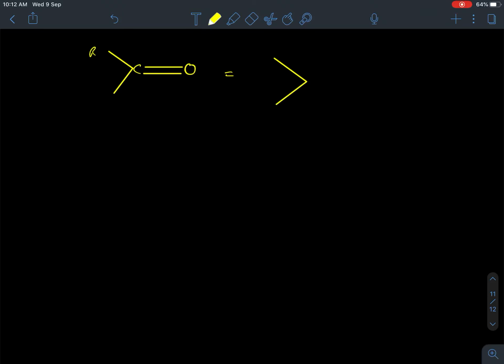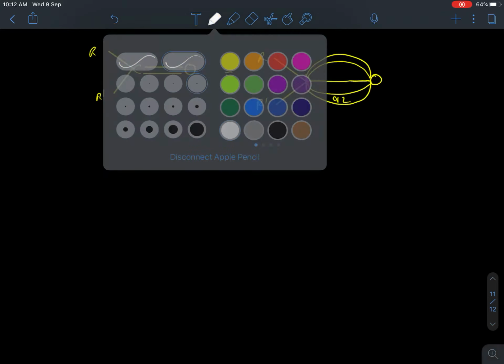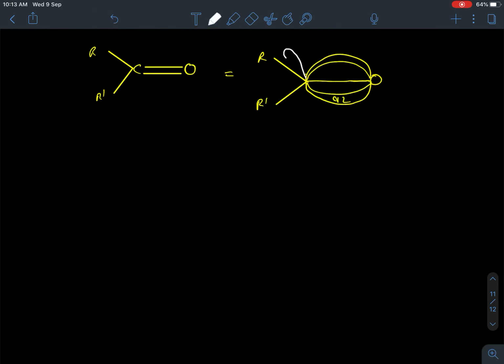These are some R and R dash groups, and this is the sigma bond between carbon and oxygen. This is pi, which is bonding, having 2 electrons, and then the anti-bonding, which is vacant, will appear like this.